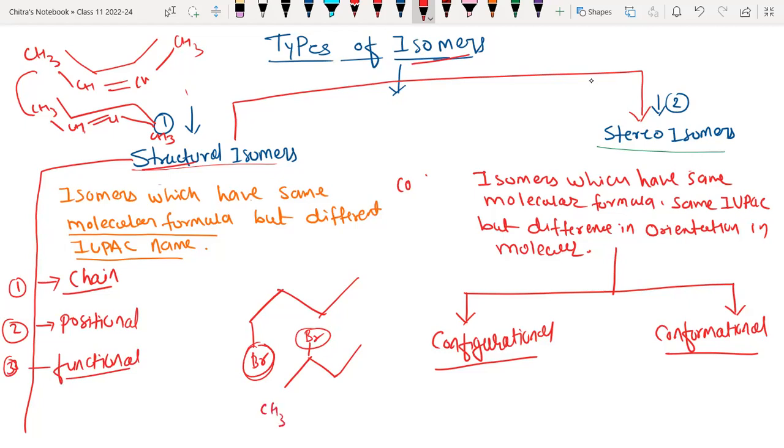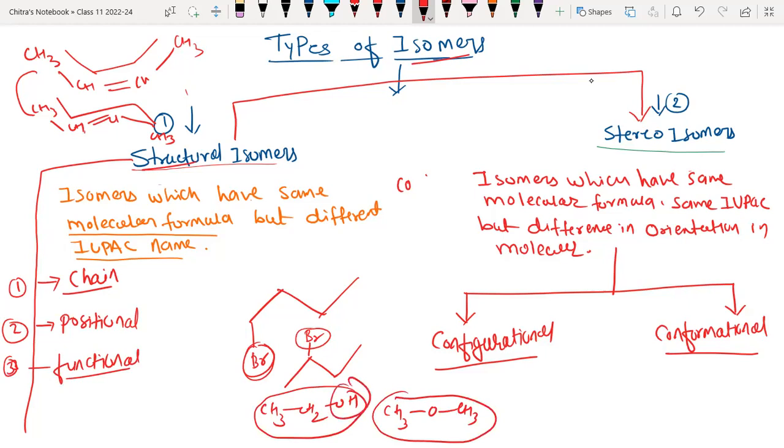Suppose I am writing here CH3CH2OH, which is ethanol, but we can write with a different functional group, CH3OCH3. This is the ether molecule. Both compounds have the same molecular formula but differ in their functional group. Here we have an alcohol group and here we have an ether group, so they are called functional isomers. Understood everyone? You are getting the point now?